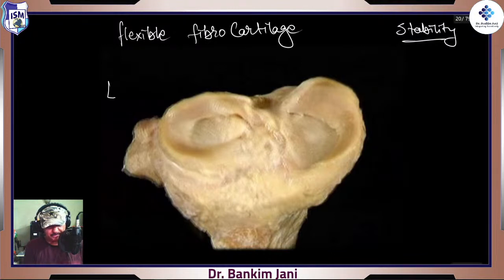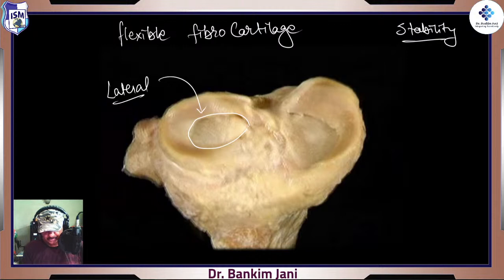Now if you look at this lateral one, this lateral one is almost full, almost like a full circle. See, it is almost attached, right? But what I'm interested in is that if we take a small piece of this and watch it from the side, it will look like this, right?